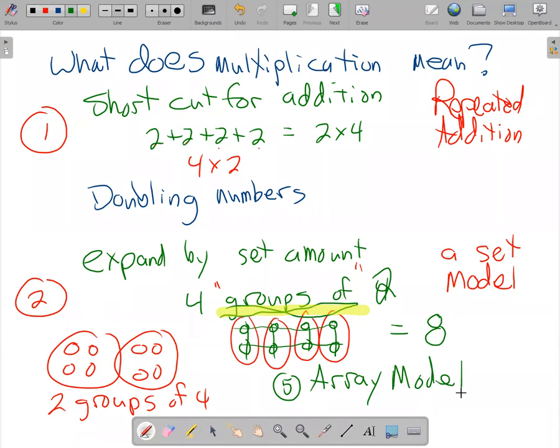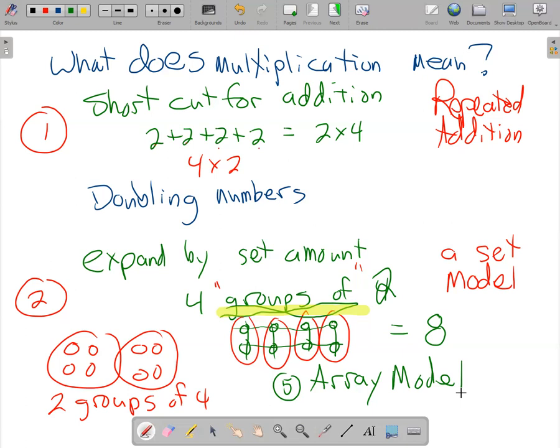But the groups don't have to be nicely laid out in a grid. We potentially have 5 different physical ways to demonstrate why 2 times 4 should be 8. And they all are consistent, they all agree with each other, which is important for something like this.